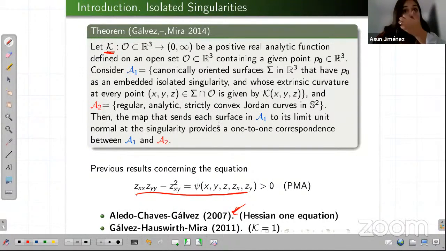So this is in some sense more general, but I must emphasize that in our case we are not prescribing the curvature, we are just assuming that there is a linear relation between the Gaussian curvature and the mean curvature.